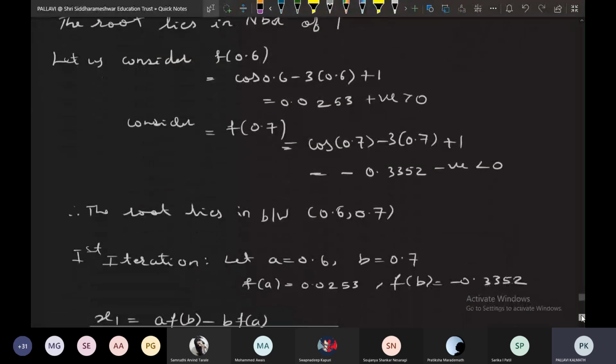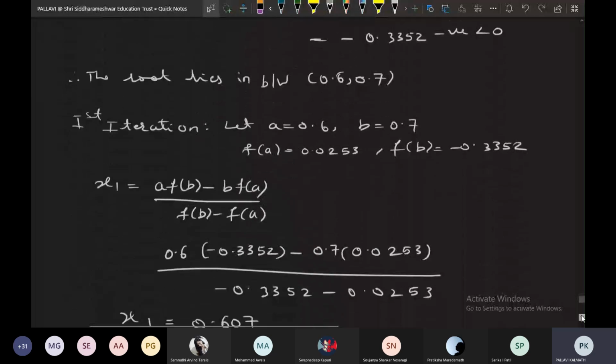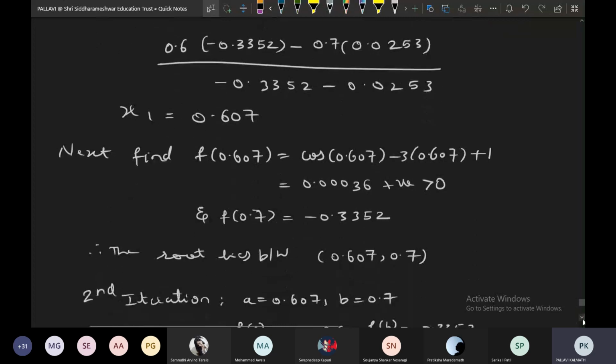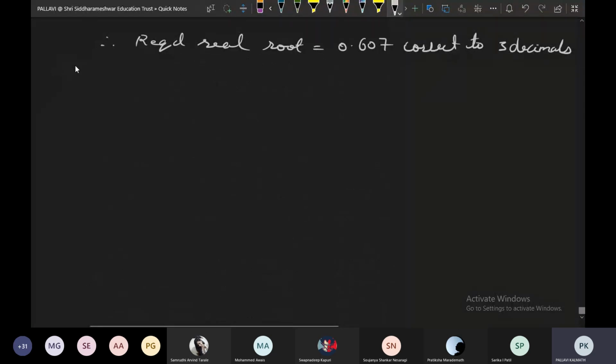So note down the next example. Write down. Compute the fourth root of 12 correct to 4 decimal places.